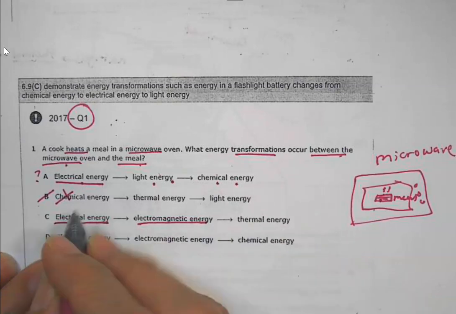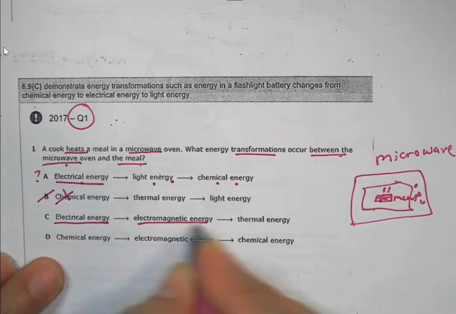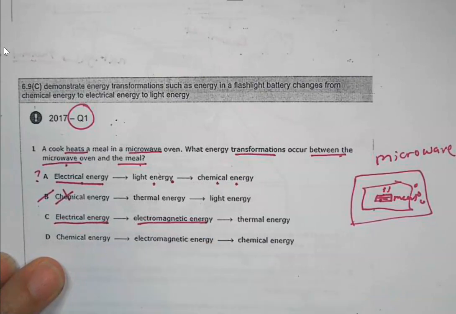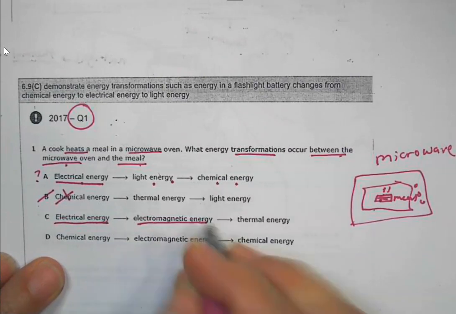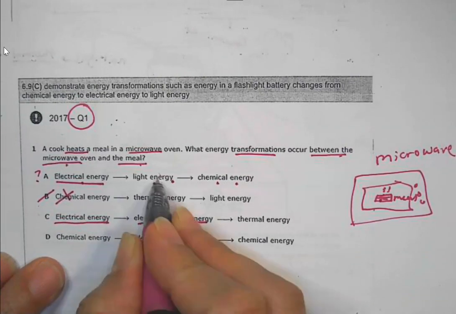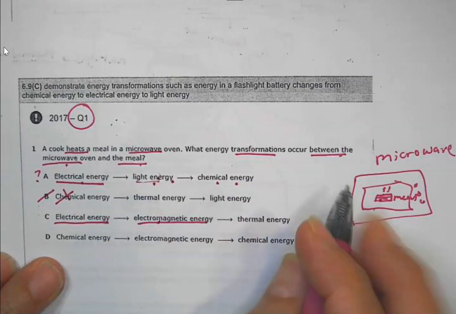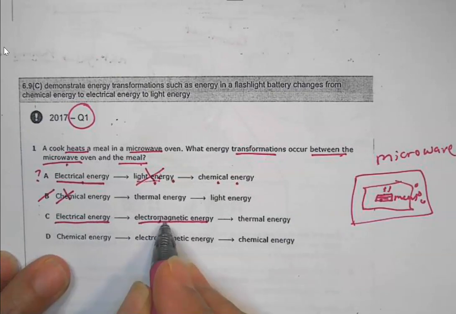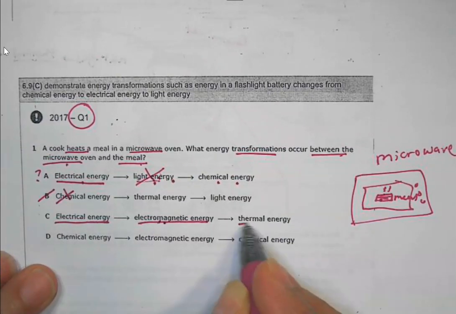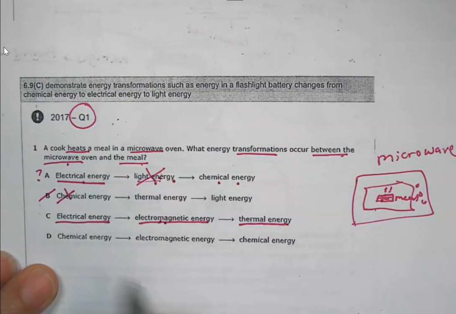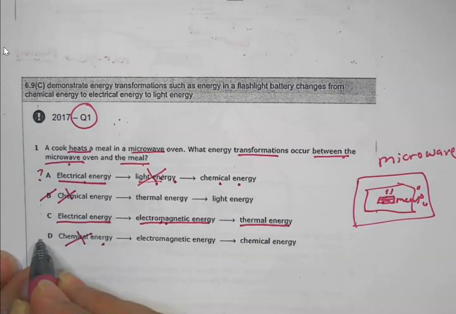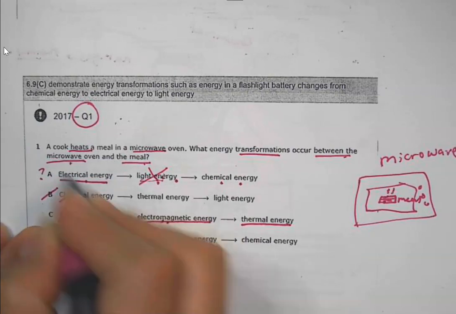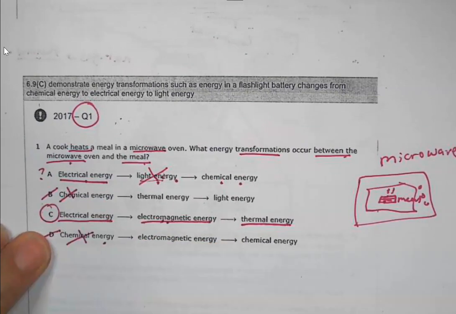So then right here, if we think about the electromagnetic spectrum, when we're talking about that light energy waves, this one makes more sense, that the light is not heating up the food. So then right here we say electromagnetic and then thermal energy to heat up the microwave. Chemical energy, no, it's not chemical, it's gotta be electrical. So then from these two, the best possible answer is going to be letter C.